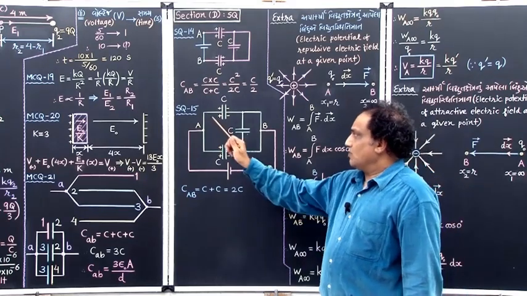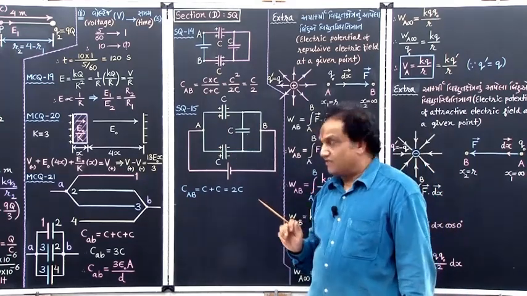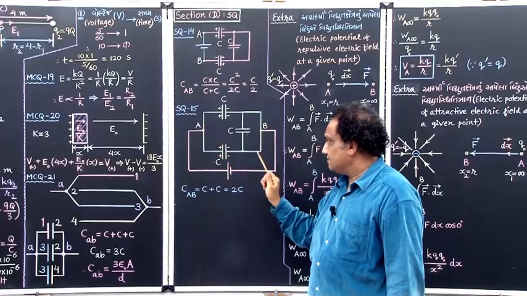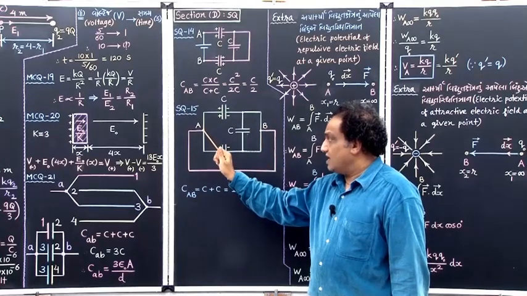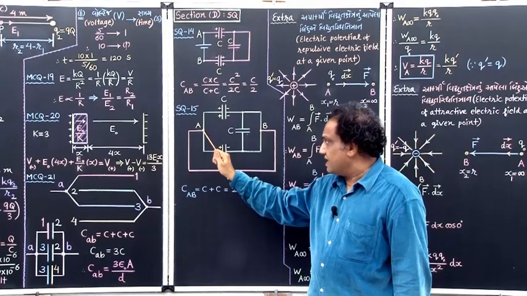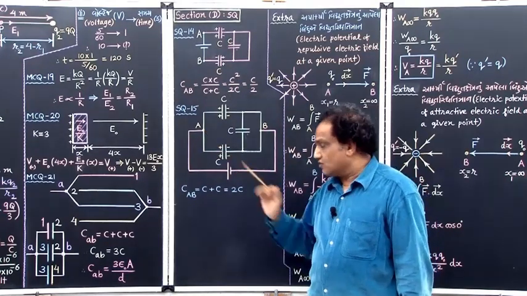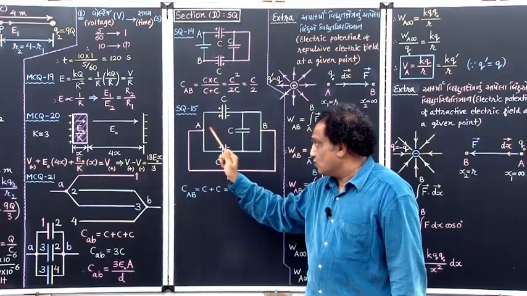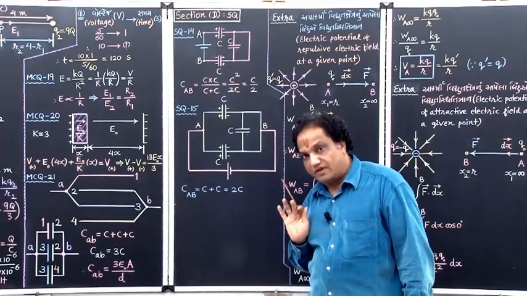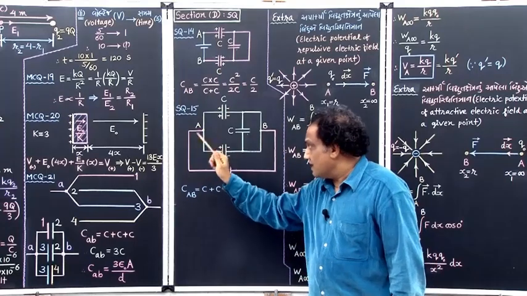Look. In question number 15, the arrangement of capacitors is given like this, where we are asked to find the equivalent capacitance between points A and B. As we had done earlier, here also we connect a battery across those two points across which we want the equivalent capacitance, correct? So that battery is this.